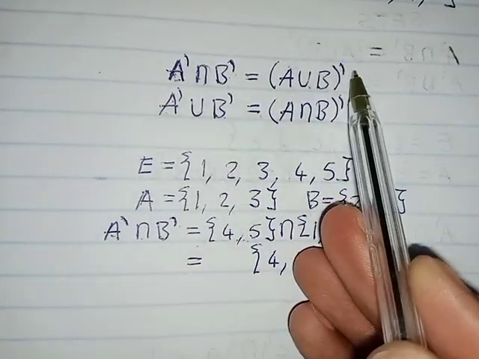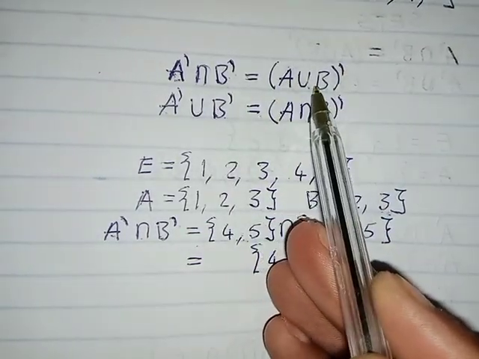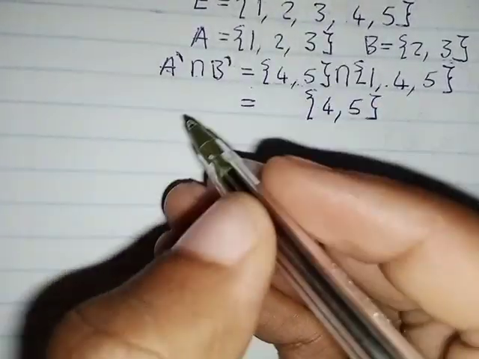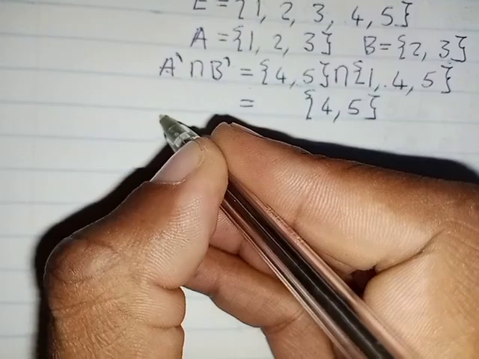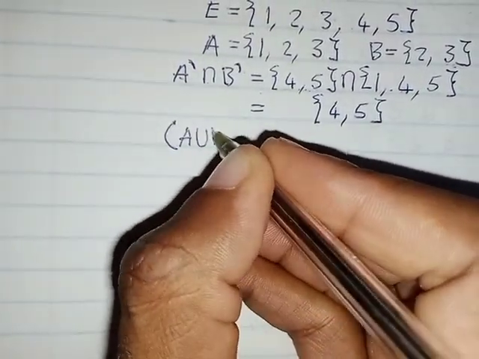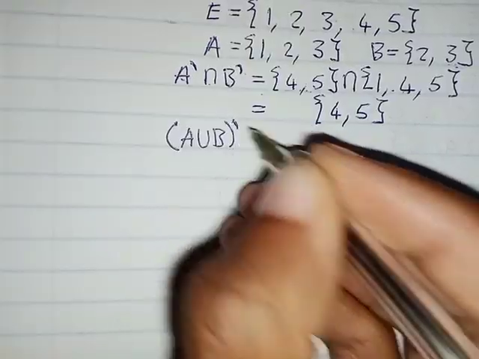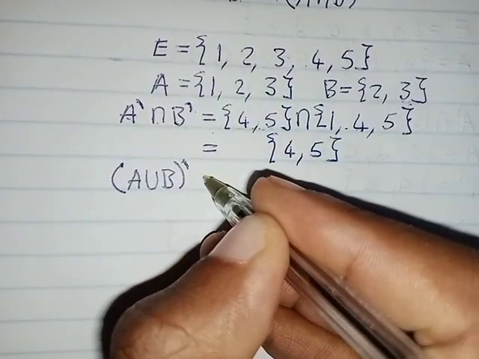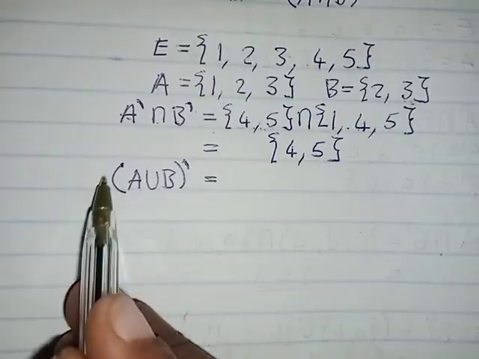The other side says the complement of A union B. Let us find the answer for this one. So I'm writing A union B, like that, close, then complement. Let us try to find this one. So we're going to follow the instruction as included in here.